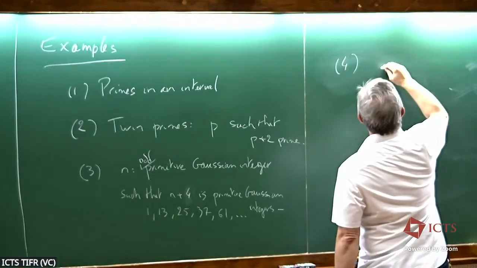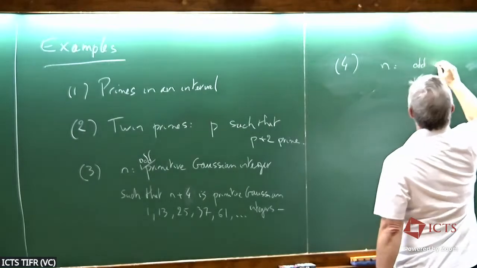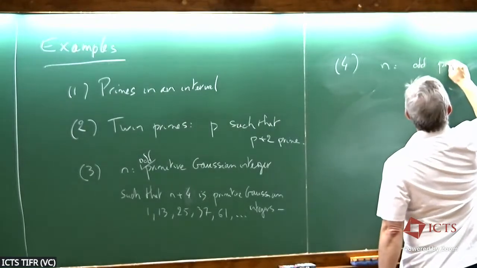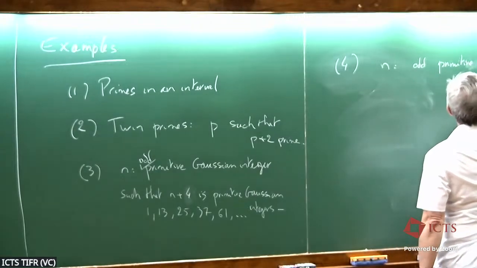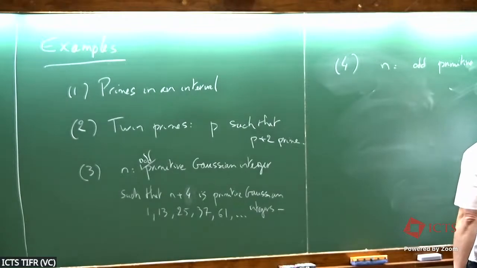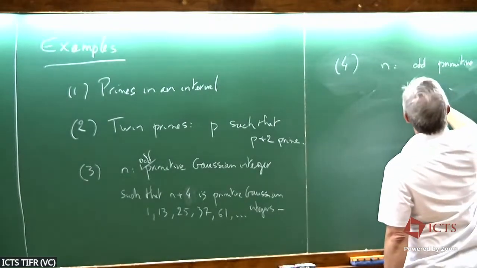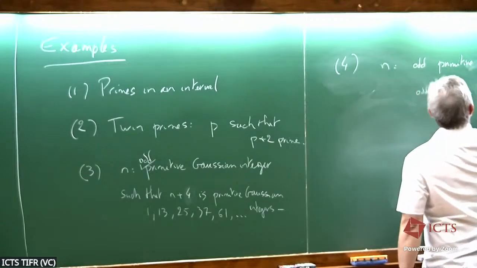Take n, say it's odd, always because it's easier, a primitive Gaussian integer, and just assume that it's also an odd primitive integer.